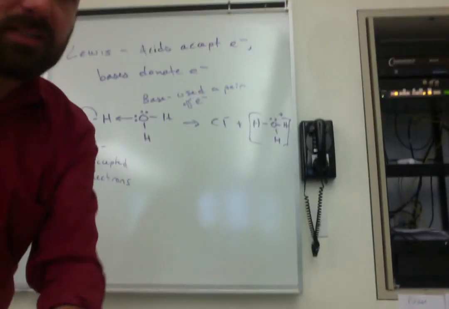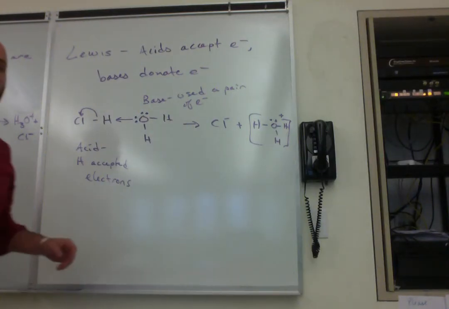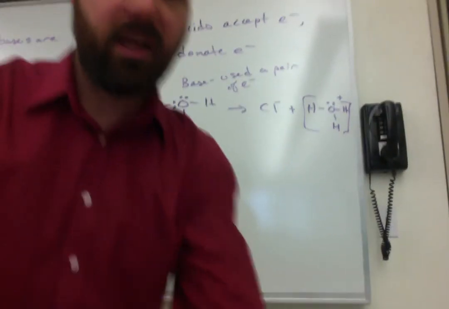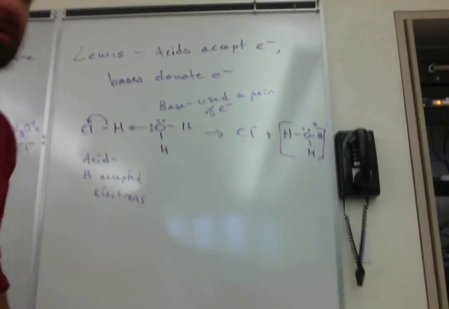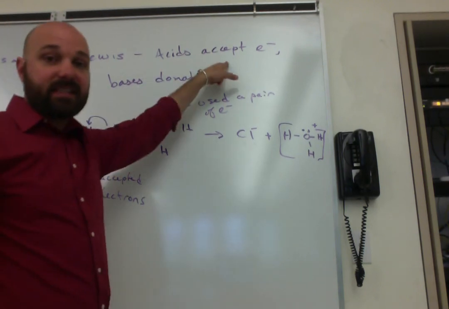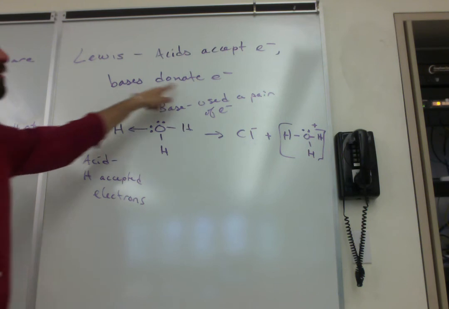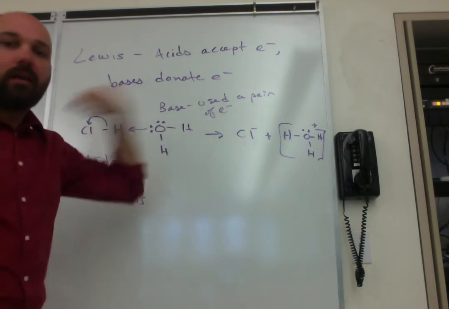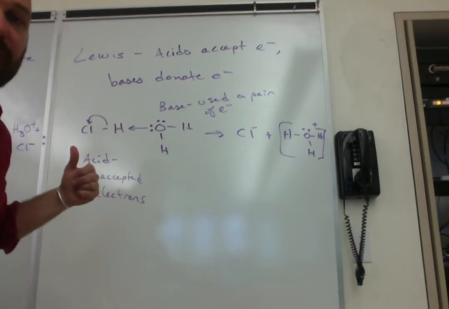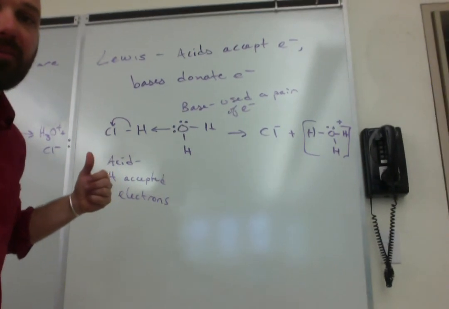The last one is Lewis. And Lewis describes an acid and a base by what's going on with the electrons. So Lewis acids accept electrons. Lewis bases donate electrons. So we're going to look at basically the opposite of what's going on with Bronsted-Lowry.